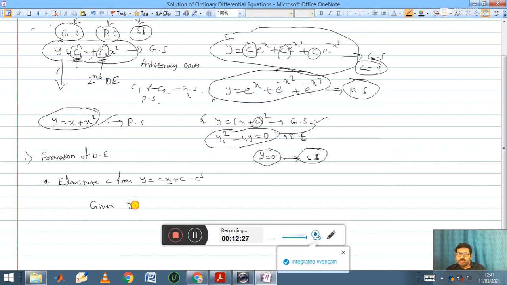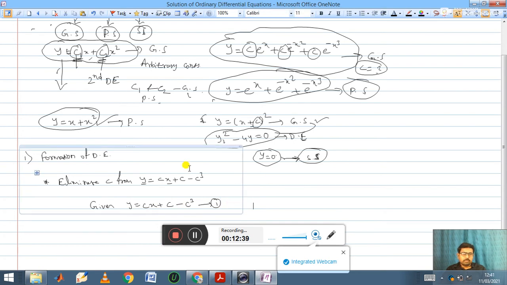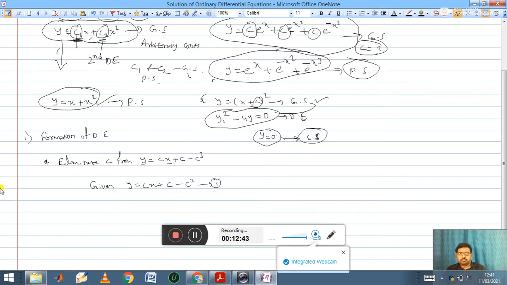So let us write the given: y equals cx plus c minus c cube. Let us take this as equation 1. This is our general solution. Then here let us go with differentiation.